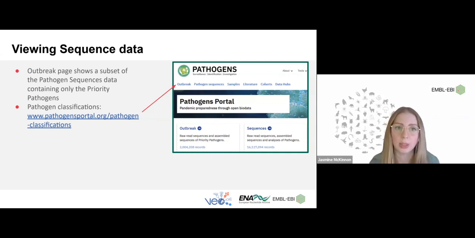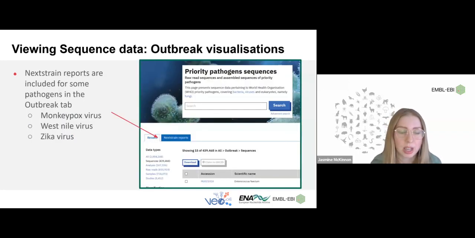So now I'll talk a little bit more about the outbreak tab, because it's not just showing less data, there's a little bit of extra information shown there. So you can find out the classifications again on the website, see which pathogens have been included in the outbreak tab. And of the total 16 million records in the Pathogens Portal, 2 million of those are outbreak sequences.